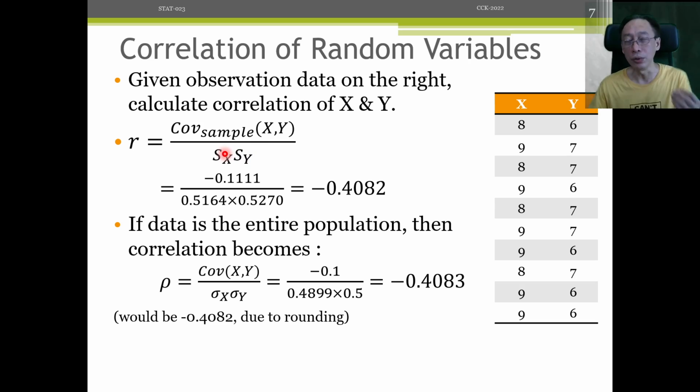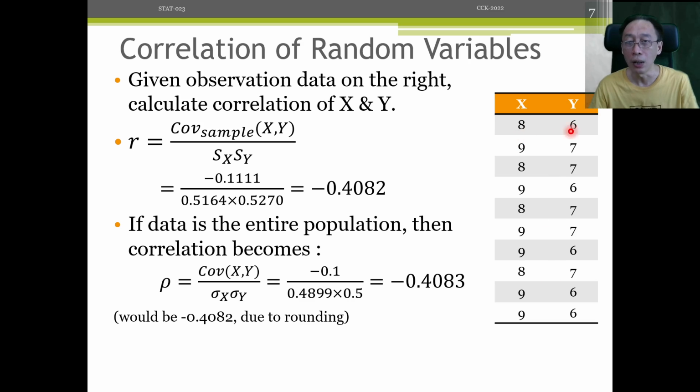So we all know how to use a calculator, Excel, R, Python, and other programming languages to calculate quite easily the standard deviation of a set of data. And recall from our practice example just now, we are able to calculate the sample covariance of a given set of explicitly listed data.